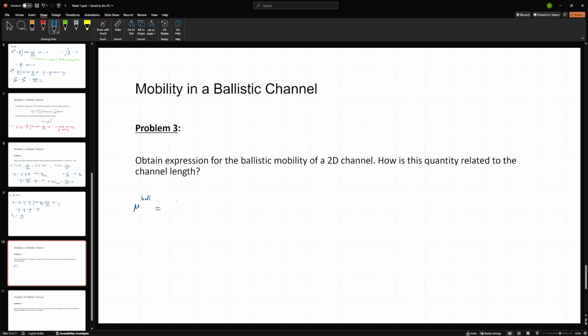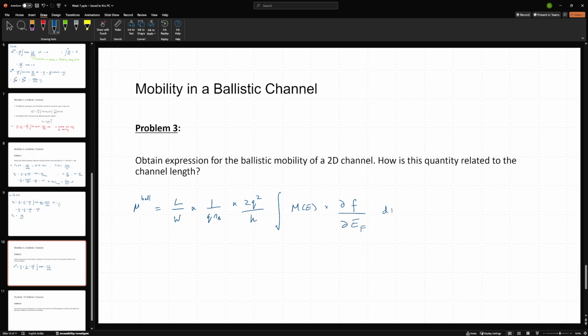So once again, this is L by W into 1 upon QNS into the ballistic mobility, integral M of E. Now you will see that there is a twist. I'll just finish the problem and then it should become apparent.